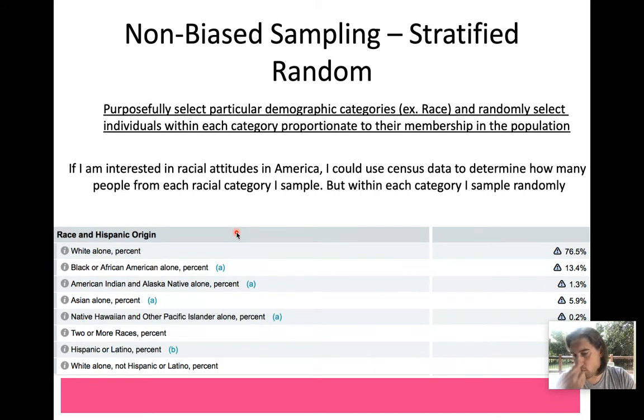So if we're looking at race in America, then we would have to go to, this is actual data, I think from the last census. So it would be 2010 at the time of this filming was the last census. And along the right, sorry that my face is a little bit in the way here, you see the exact percentage of the population in the United States of America that is from each of these racial categories.